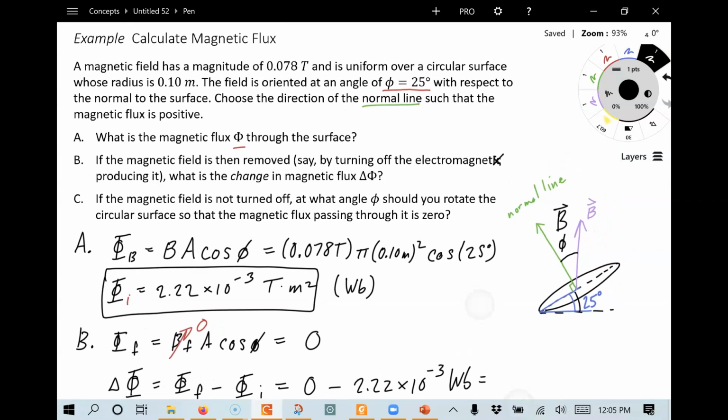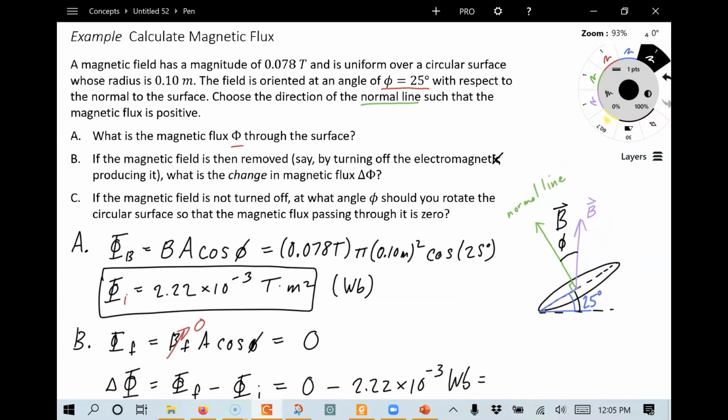When we look at the picture, we've decided by making the normal line in this direction that if you have magnetic field pass through in that direction, then we're going to have positive magnetic flux. If instead the magnetic field went down in this direction, it would be negative magnetic flux. And since it started with a positive value and it went to 0, the change was to go from high to 0. It's a negative change. So that's why we got the negative sign there.